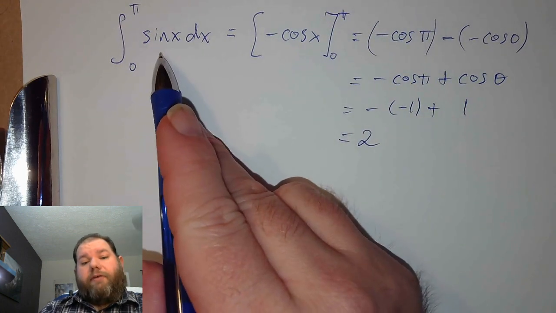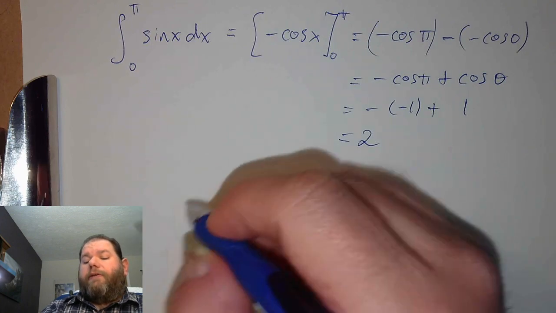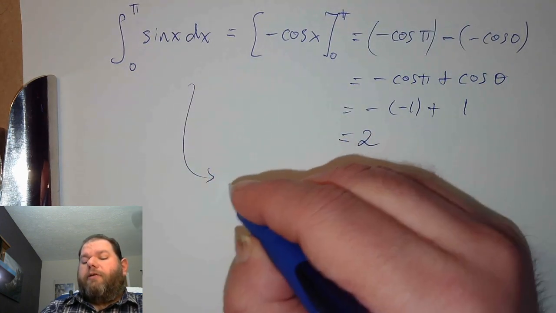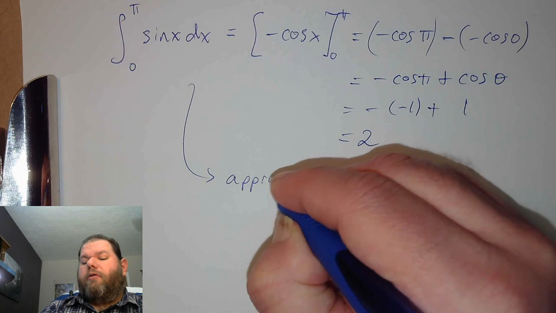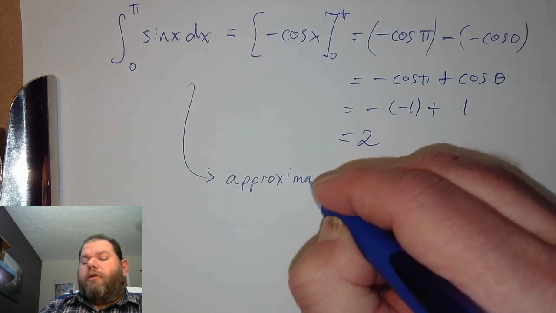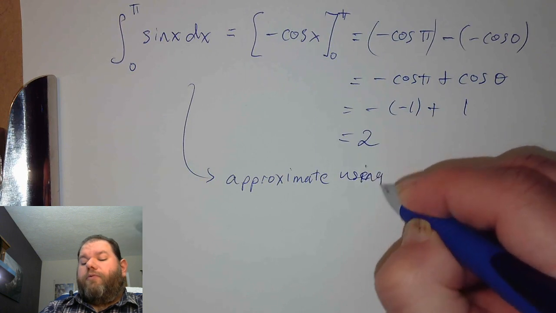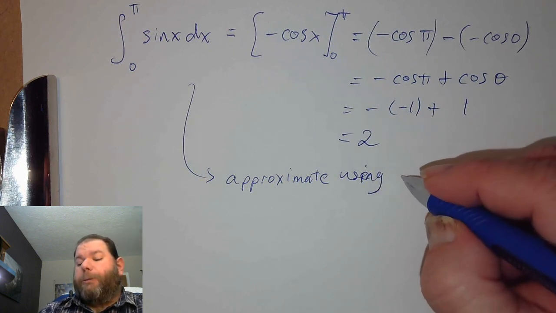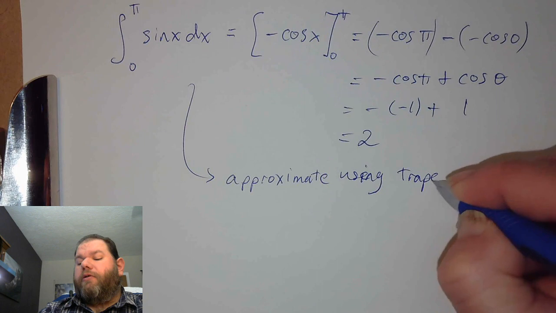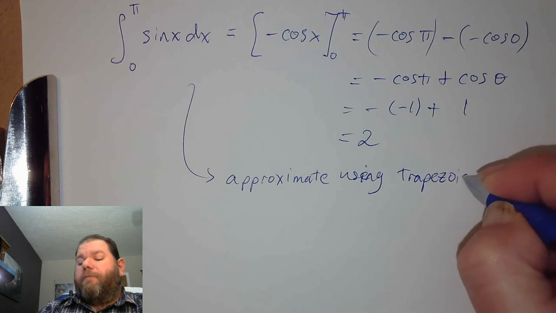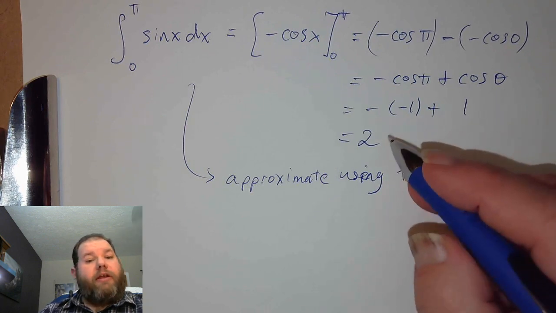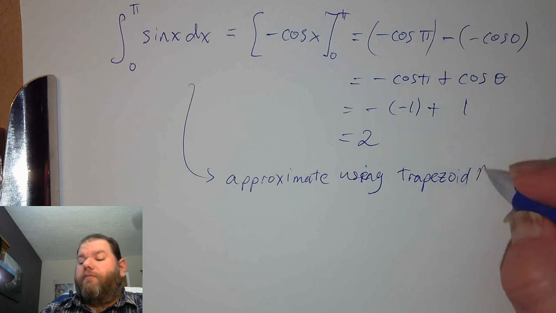So the exact value of this integral is 2, but let's approximate using the trapezoid rule with n equals 4. And that way we'll be able to compare our answer to the 2 that we know is the actual value.